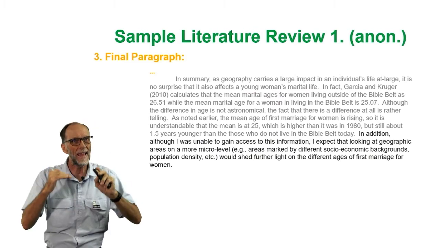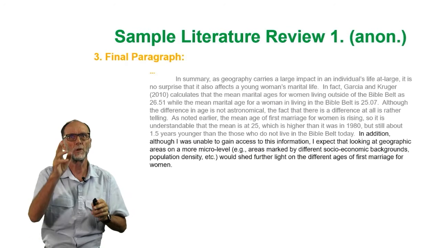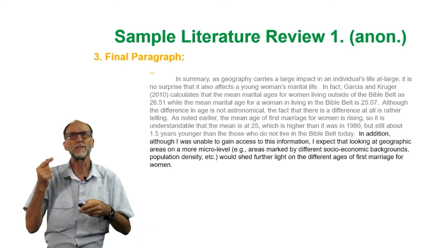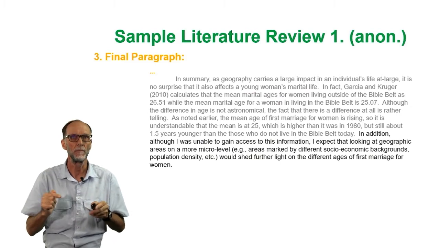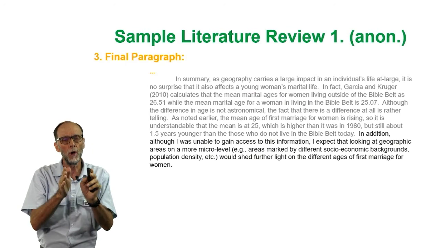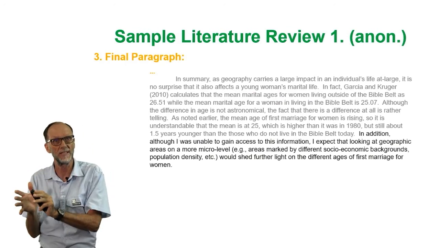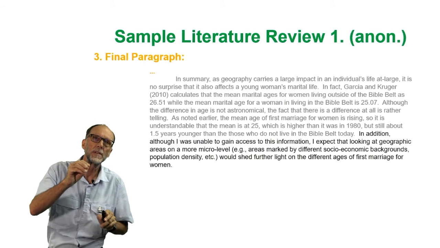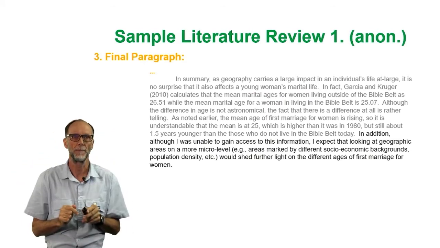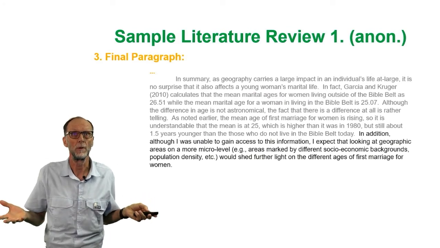And then at the end, as you can see here in bold, where it starts with "in addition," here is what you want to say, where your investigation is going to take off from. Because since other people have already investigated this topic, what are you going to do?